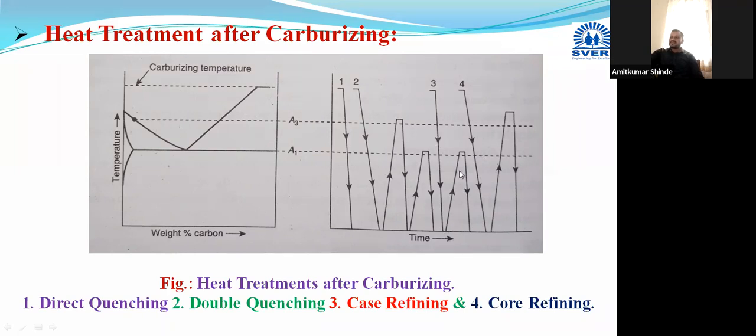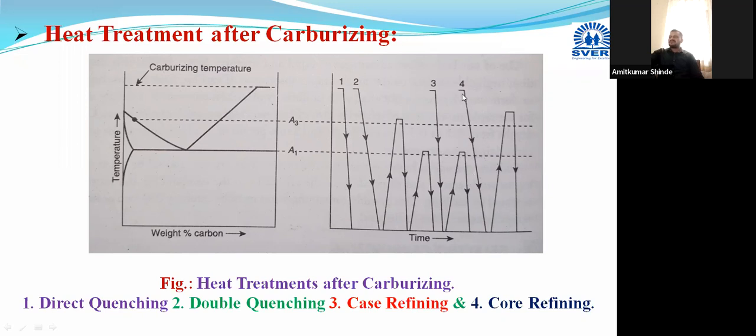And then again it is heated above the lower critical temperature, and then it is cooled, and we will end up with the hard and wear resistant surface. This will be termed as case refining.